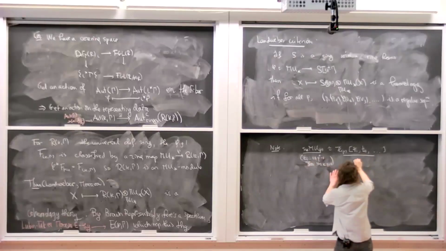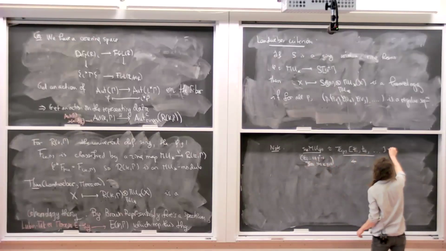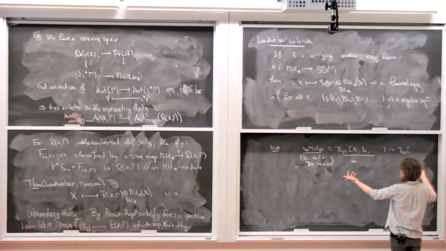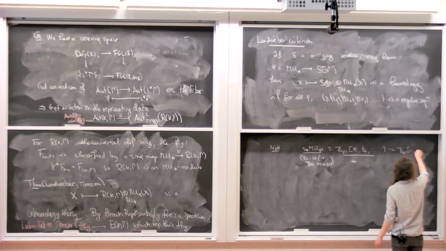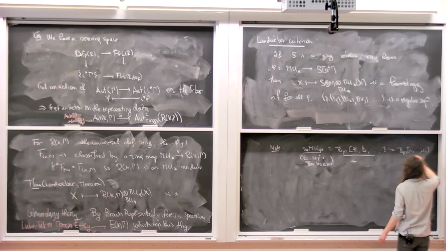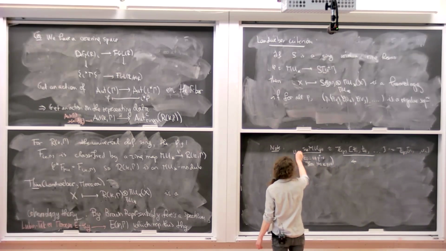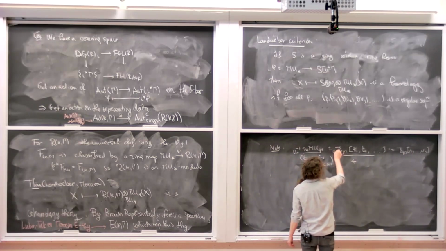If I mod out by this, what am I going to get? I'm going to get Z localized at P, and if you think about what this criterion means, I've only kept the first VIs. And then I can invert VN.